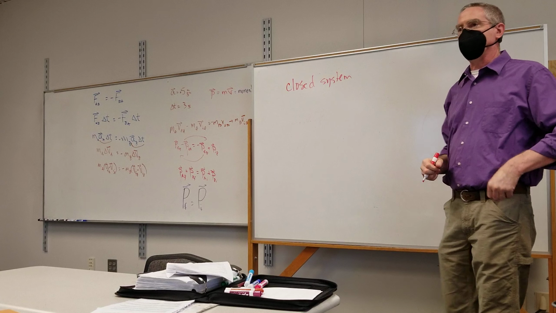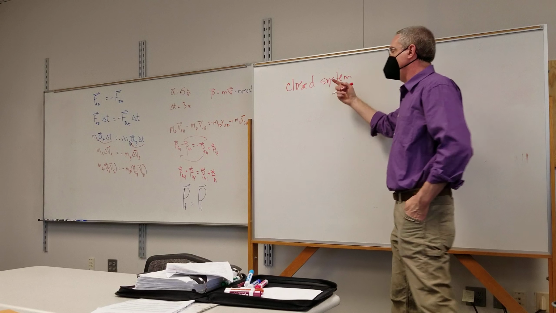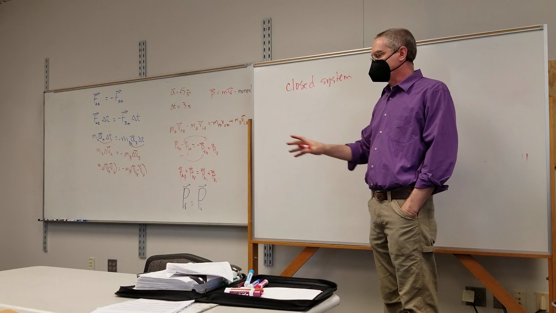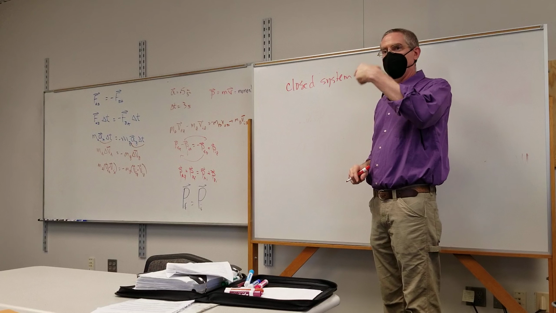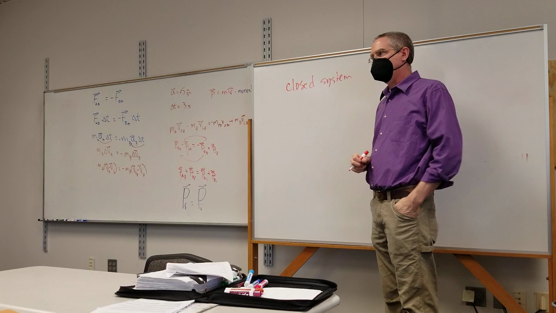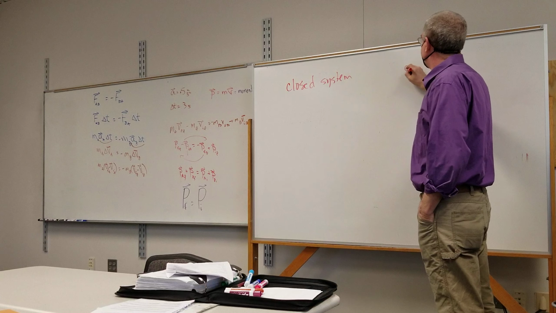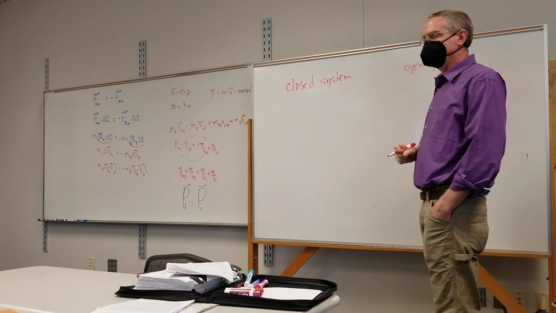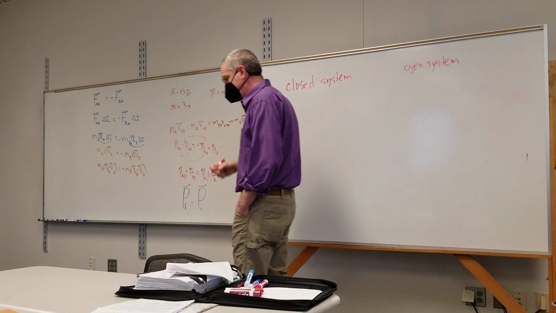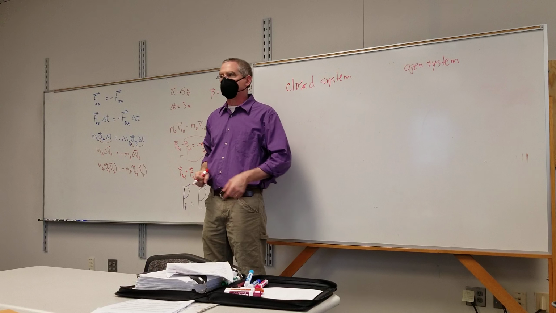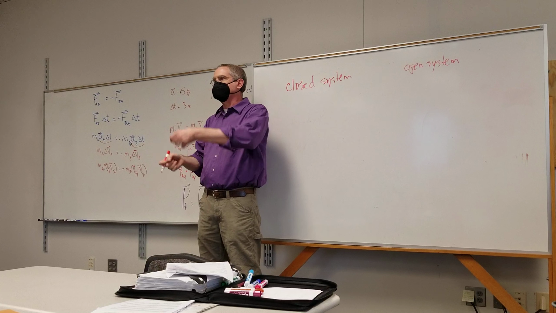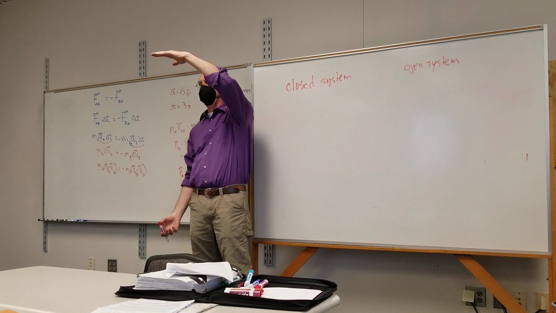If I took into account everything involved, there are no outside influences. All the forces acting on the objects are by other objects that I'm taking into account. An open system is one where I don't take it into account. So in the case of the marker, when it fell, I could count that as an open system if all I did was look at the marker. It's a closed system if I took into account the marker and the Earth, both.